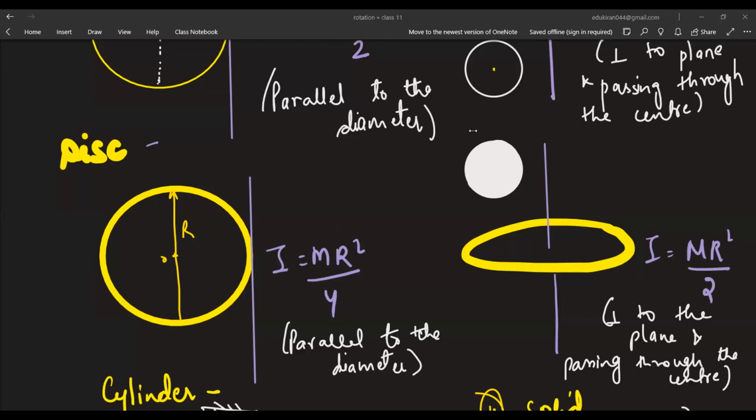Okay, Alina, for a hollow cylinder, what is the moment of inertia?